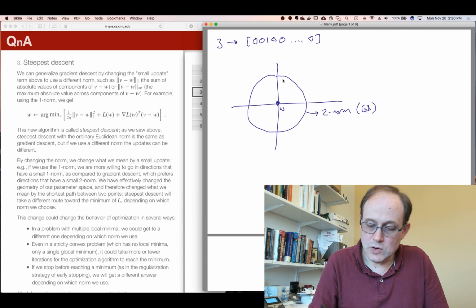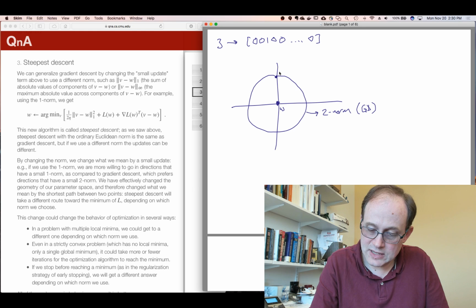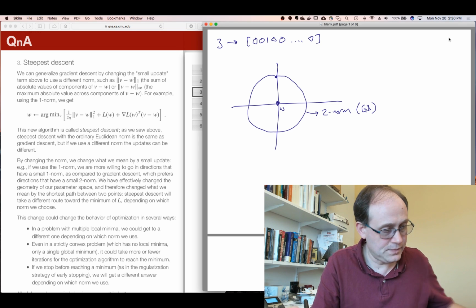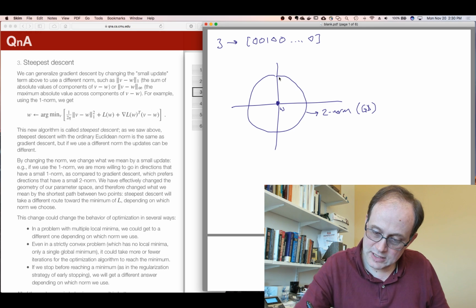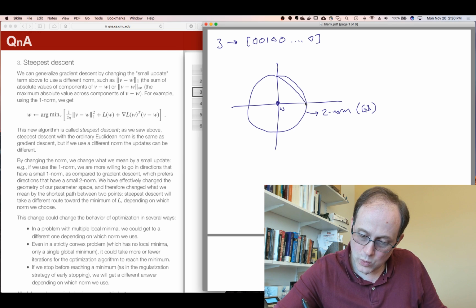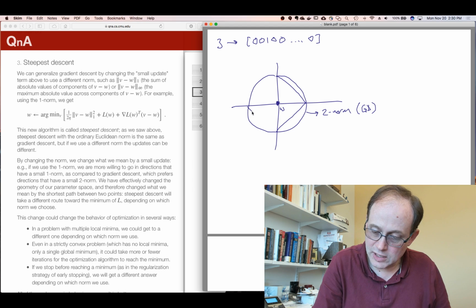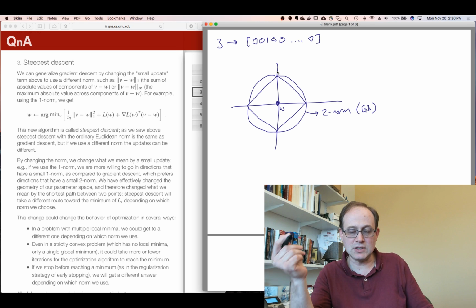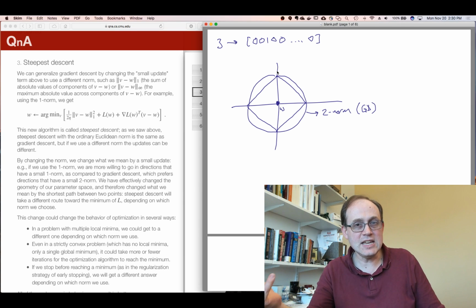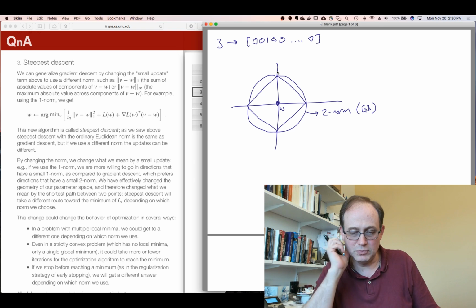If we instead say that we want to stay within a 1 norm ball, that 1 norm ball looks like this. If you just plot a level set of the sum of absolute values, you'll get a diamond shape in 2D. In 3D, it'll be an octahedron, and in 4D, it'll be something that we don't have a name for.